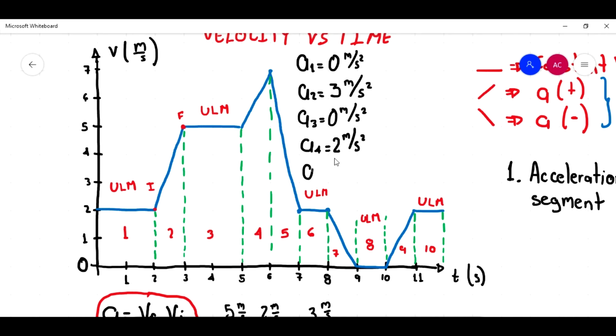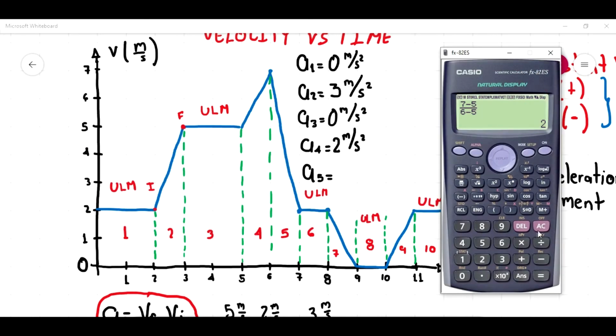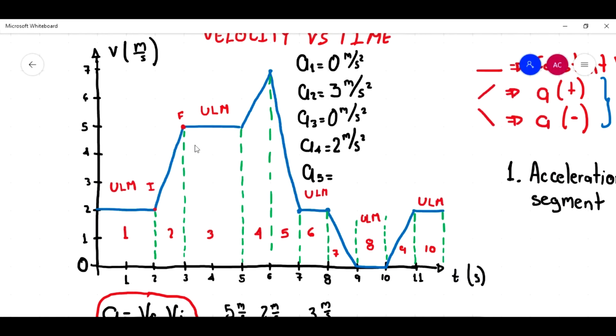The acceleration of the segment number 5 goes downwards, so that means it's going to be negative. Remember, I'm going to write the final point. This is the final point and this is the initial point. I don't know if I told you, but I recommend the final point to be always the one that is at the right. I repeat, the final point always the one that is at the right.